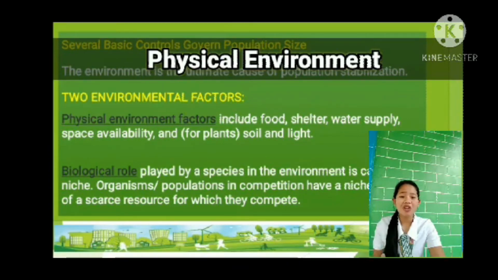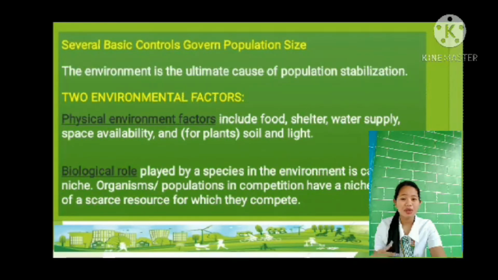If one of these is affected, the population size is affected, because there are some organisms that grow because of food, and there are some organisms that depend on the shelter to reproduce, the water supply, the space availability, and for plants, the soil and the light.